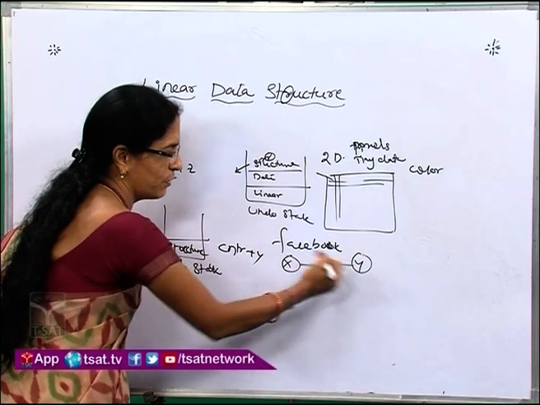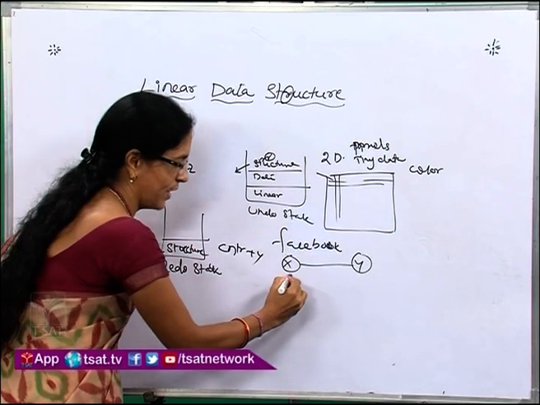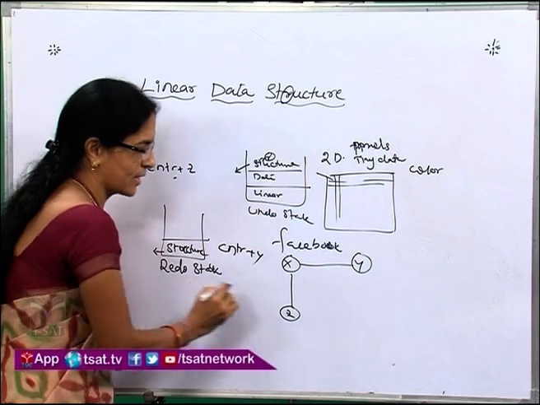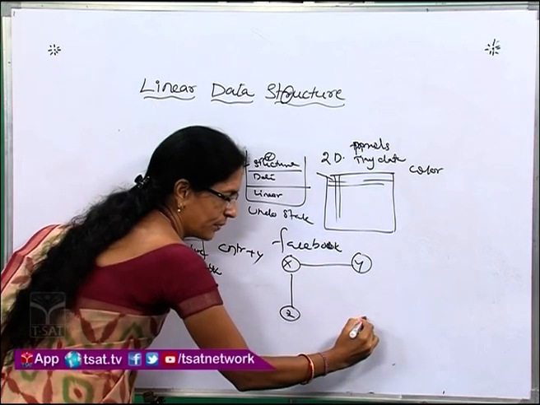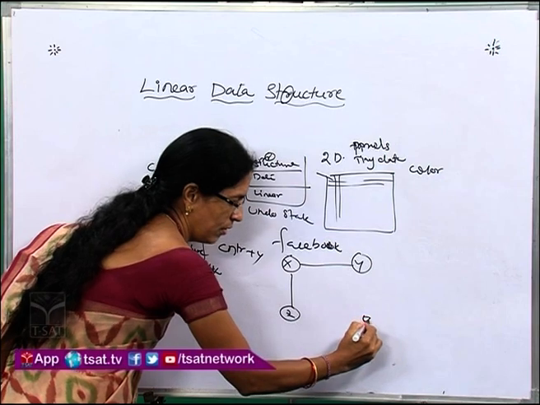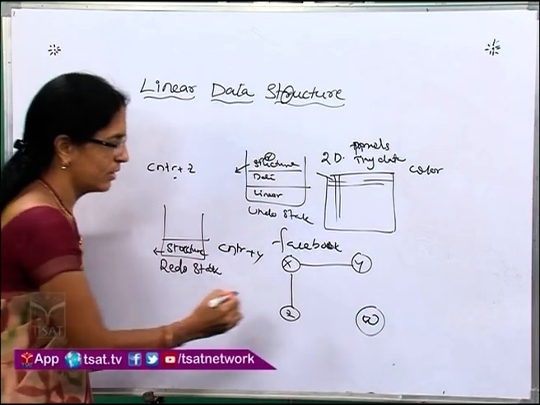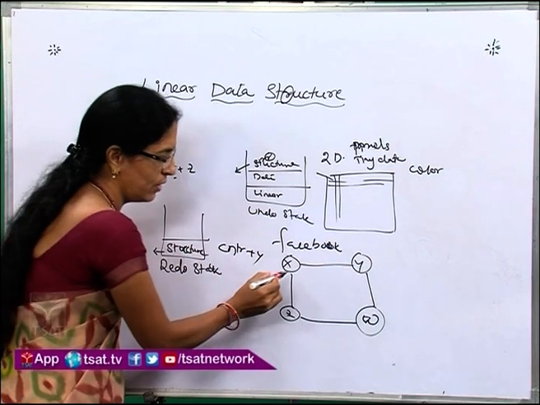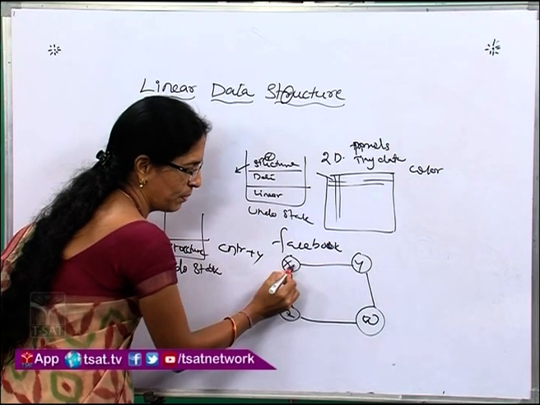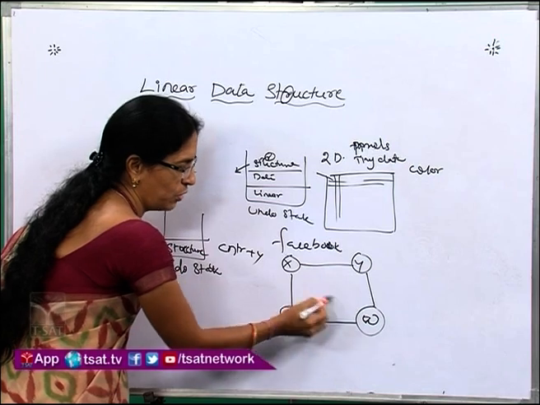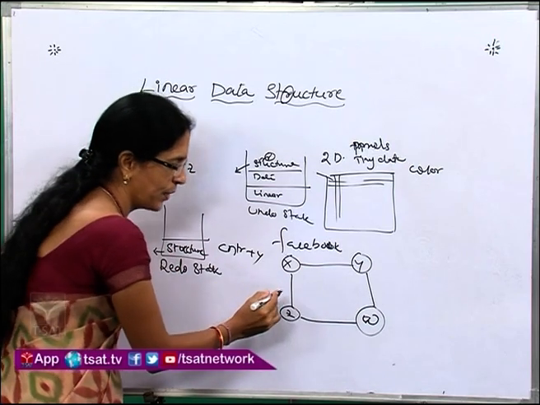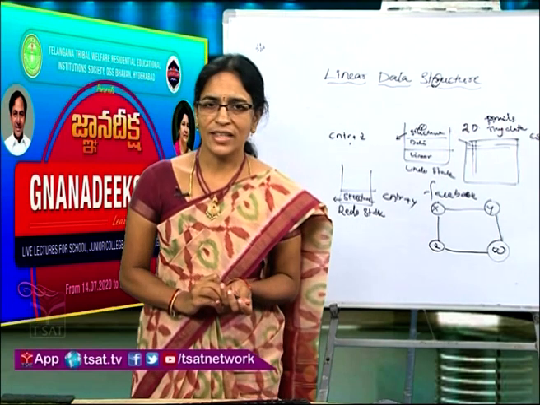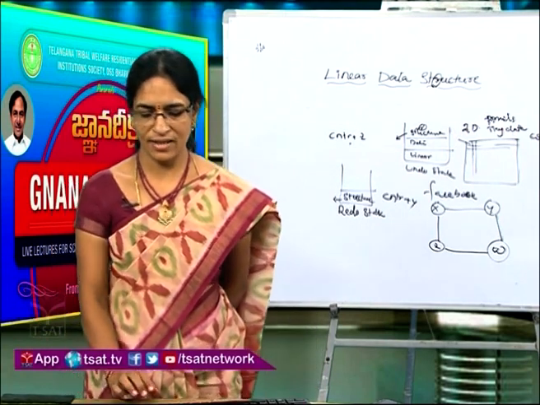Both of these two persons are friends, and Z is some other person who is also a friend of X. W is another person, who is a friend of Z and Y. There is no friendship between these two persons X and W. This type of data structure is called a graph. That means in real life also we are using these data structures.